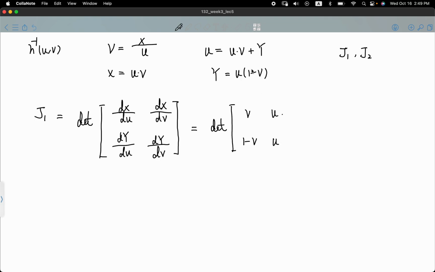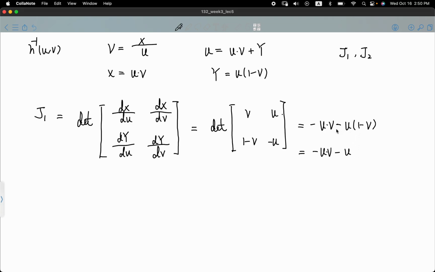And don't forget there's a negative sign, so negative u, and then the determinant of that. So the product of the diagonal minus the product of the off diagonal. So you will have negative uv and then minus u multiplied by 1 minus v. And then let's further simplify this.